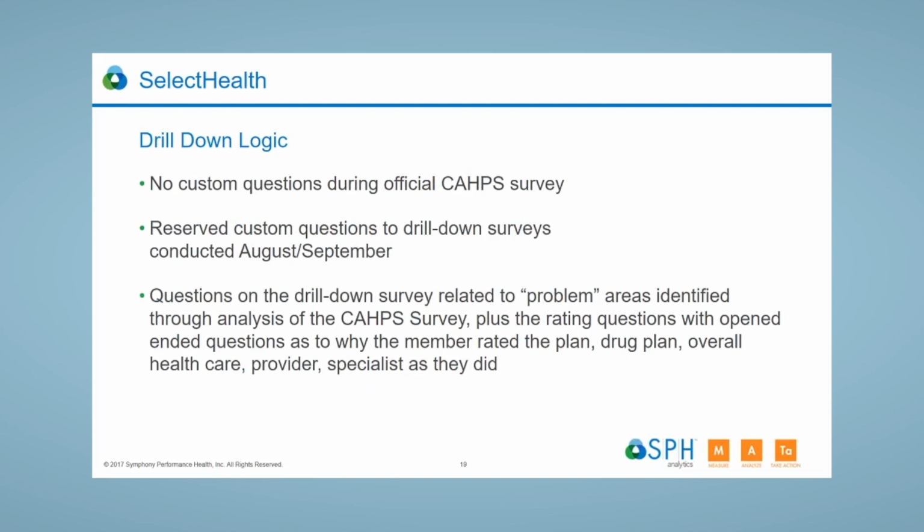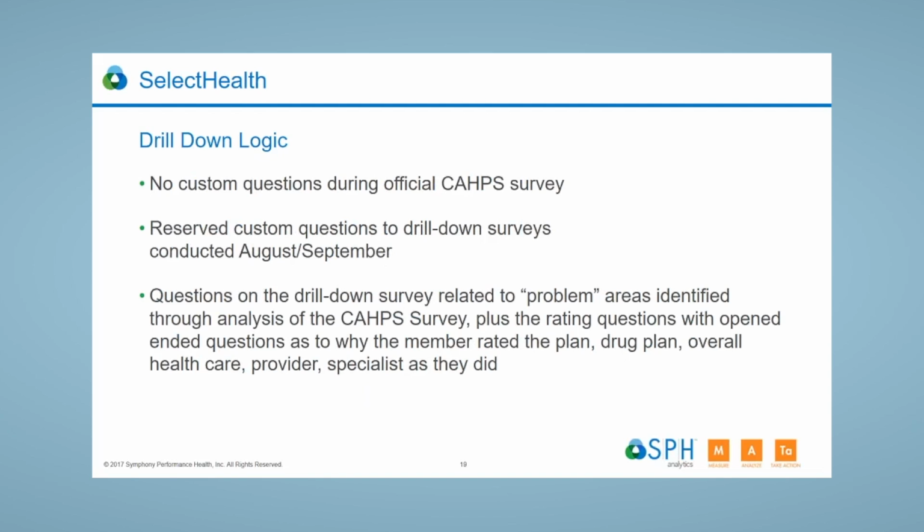So one of the things we did early on was we experimented with doing serial surveys, and we also experimented with drill down, and we decided what we really liked was the drill down survey, because what we really needed to know is what do we need to improve on, what do we need to work on, what's actionable.